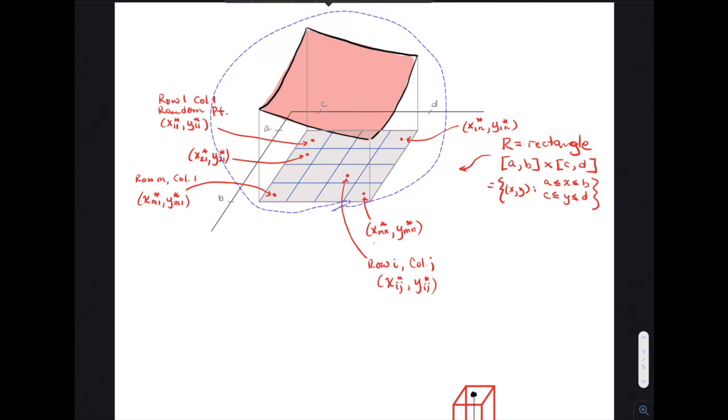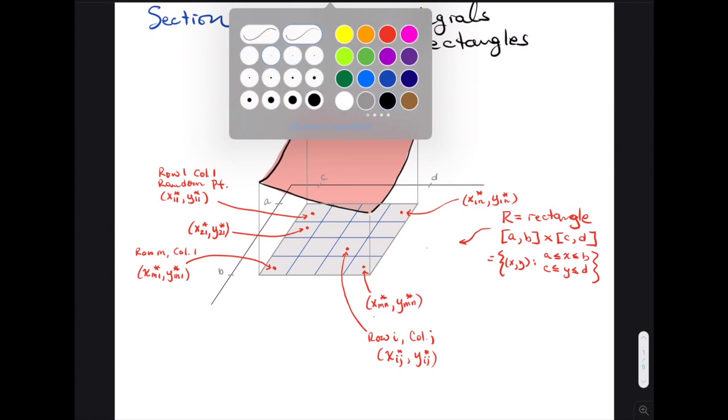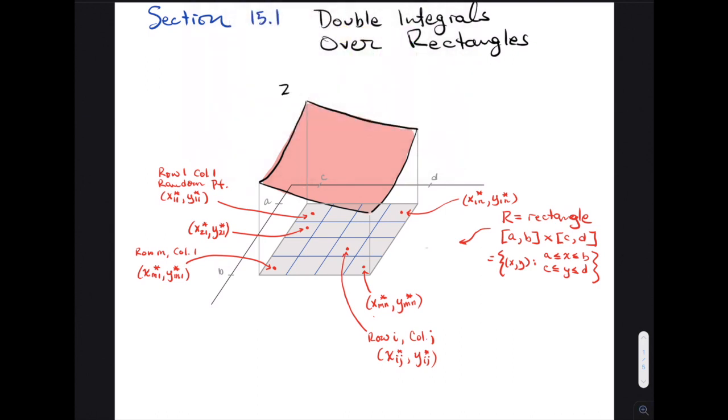That surface is z equals f of x, y, which is assumed to be greater than or equal to 0 on R.